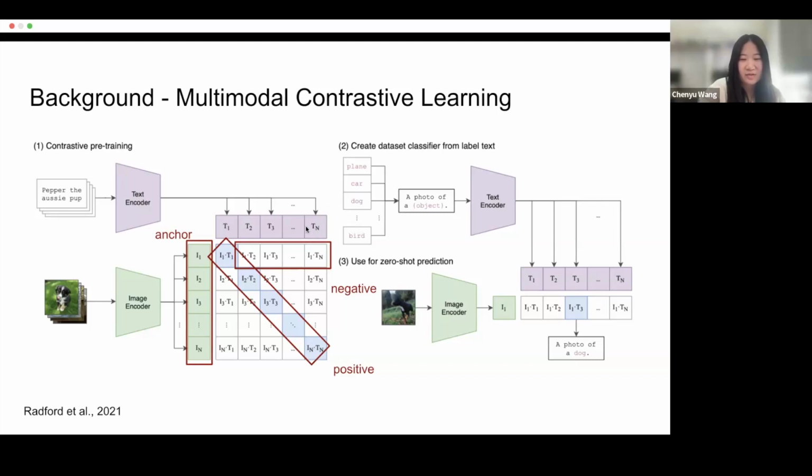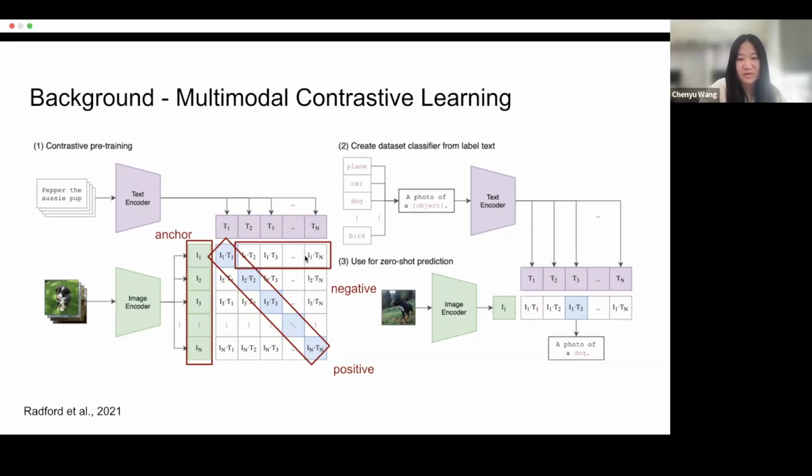In the CLIP model, they calculate the cosine similarity between each pair of the latents. So for example, if we take I1, this image latent, as the anchor, then its corresponding text latent T1 is called the positive, and all other irrelevant text latents are called the negatives.